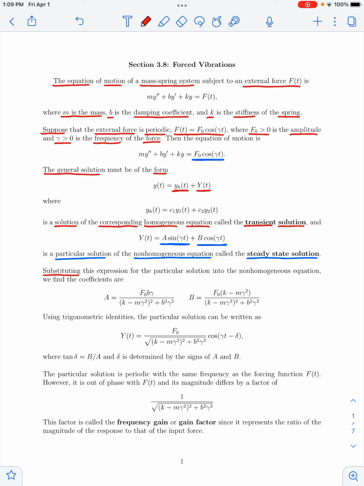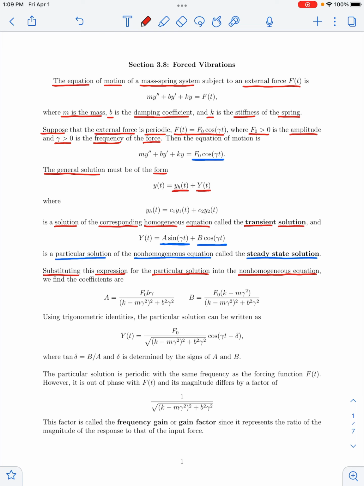By substituting that expression for the particular solution into our non-homogeneous equation, the coefficients are given by A = F0 bγ over ((k − mγ²)² + b²γ²), and B is given by F0 (k − mγ²) over ((k − mγ²)² + b²γ²).